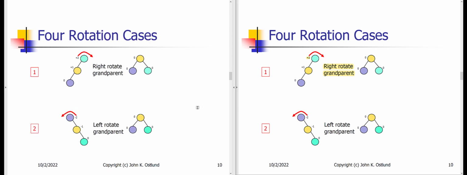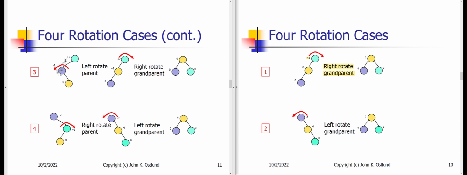The next 2 cases are, instead of being symmetrically to the left or symmetrically to the right, a left-right situation or a right-left situation. Now, the balance factor for the topmost node here is +2 because the height to the left is 2, whereas the height to the right is 0.